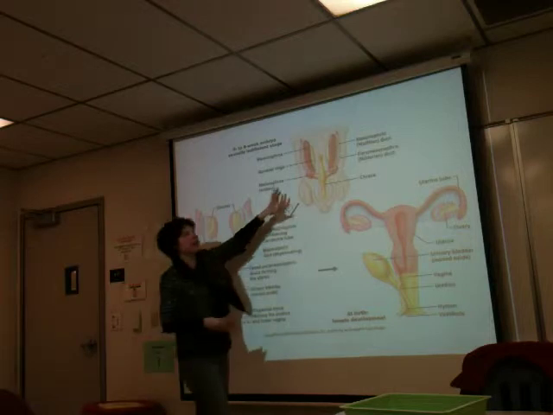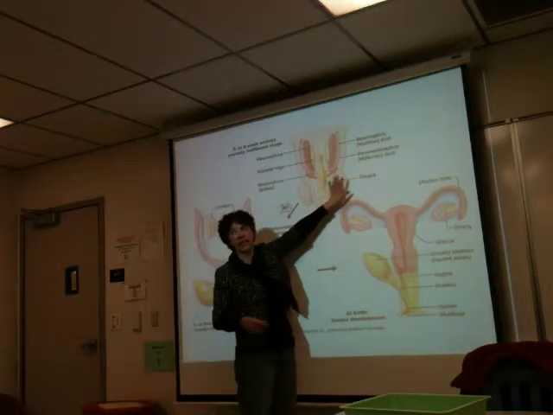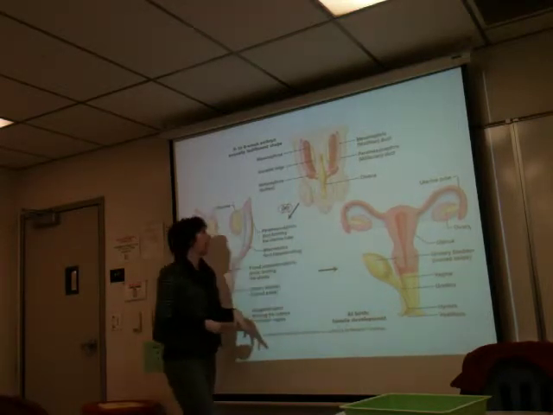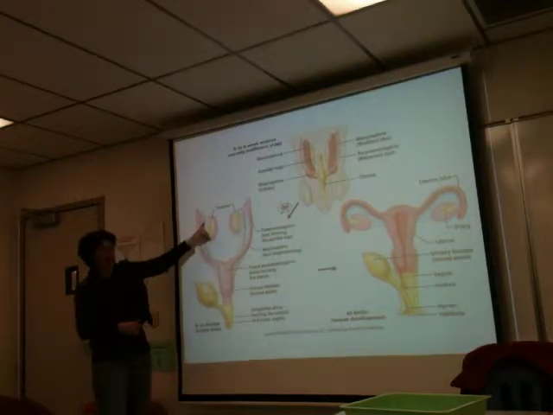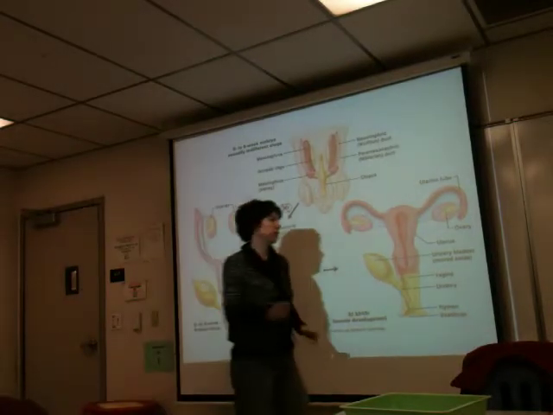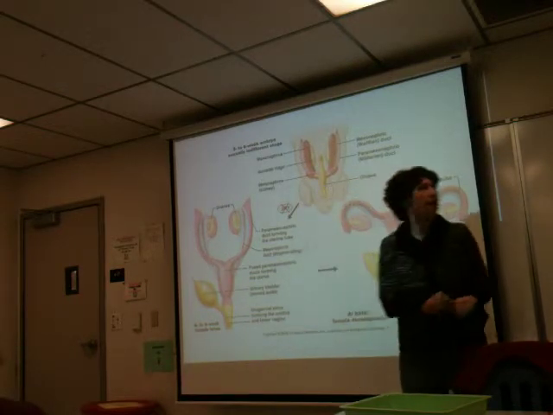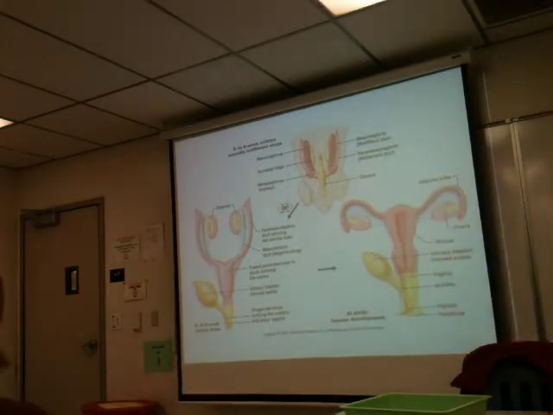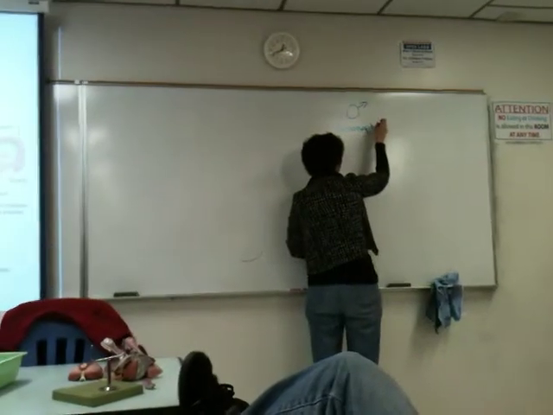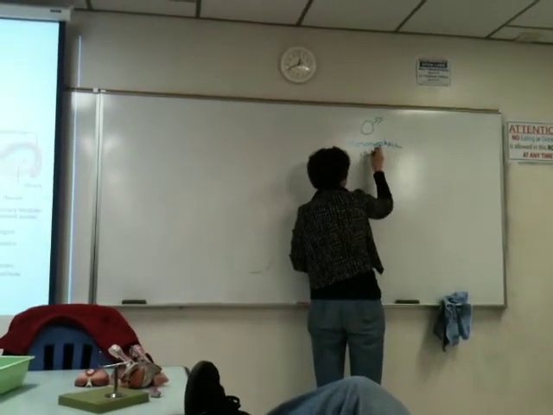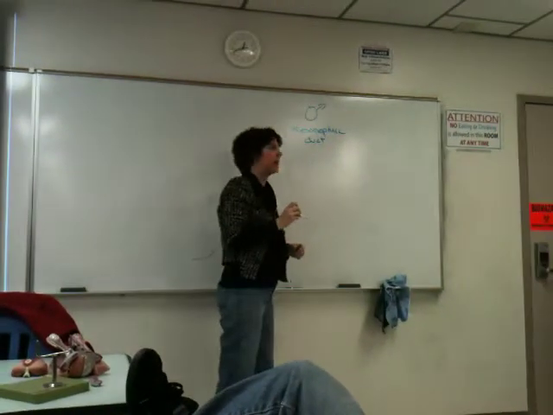Yes. So here's our undifferentiated embryo, fetus, and remember the homologous structures component. So if we talk about the male, it was the mesonephric duct that developed into the efferent ductules and epididymis and vas deferens.